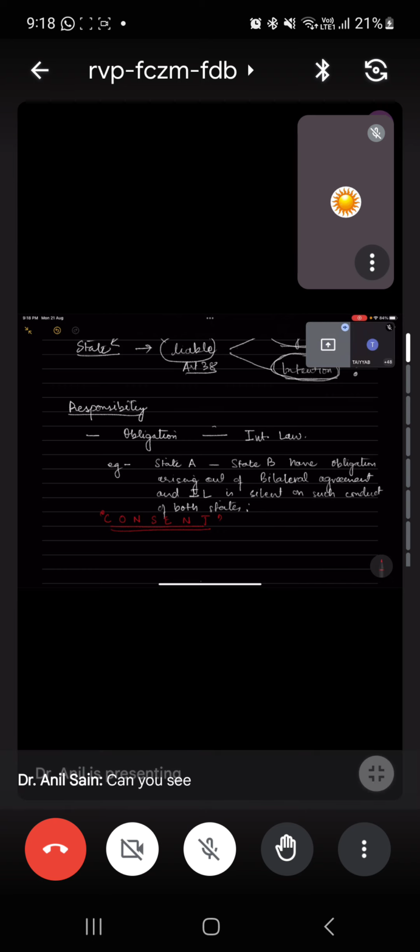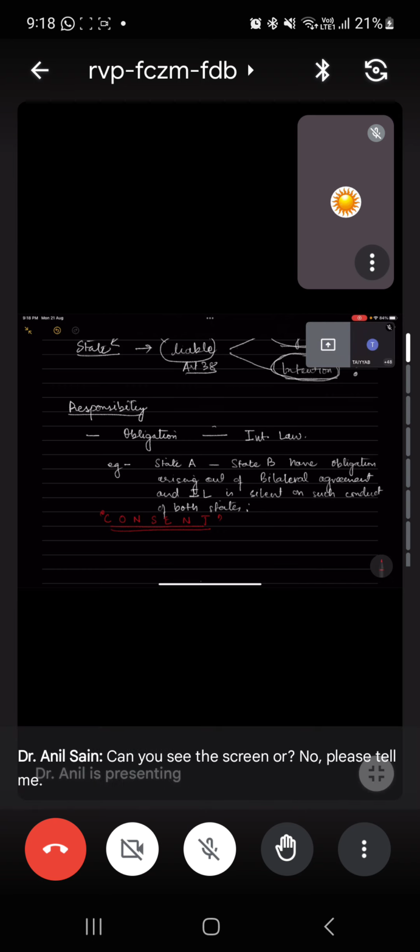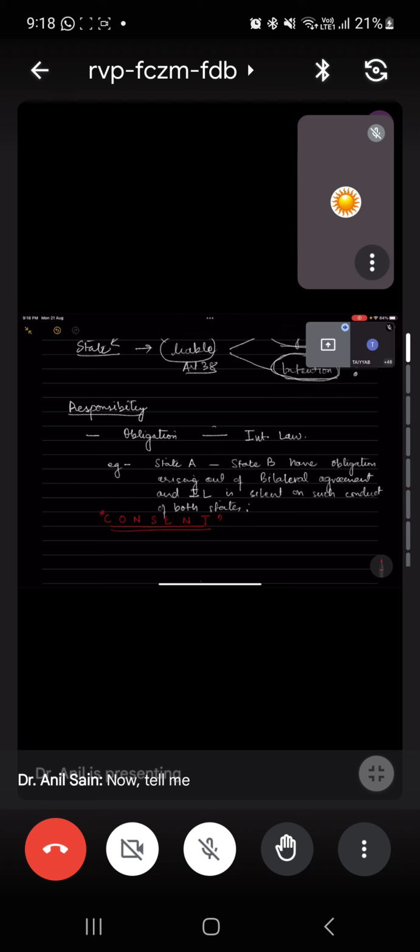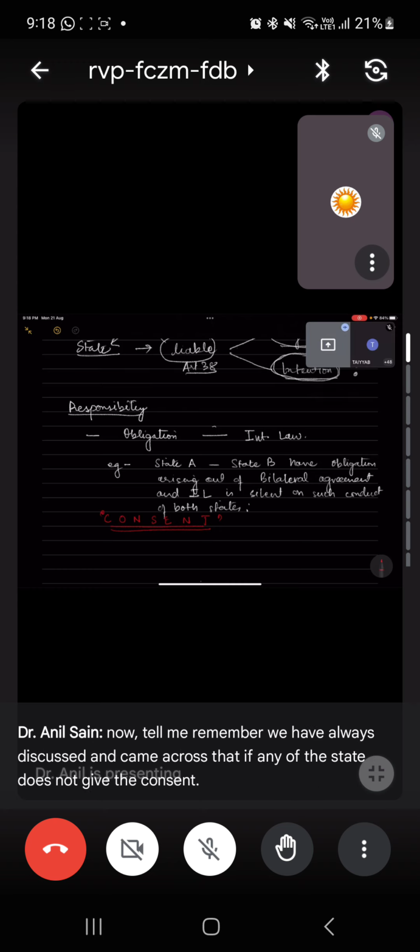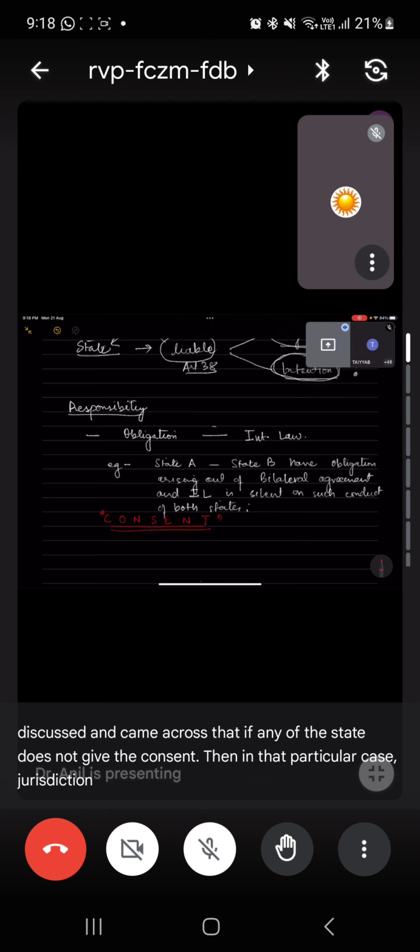Can you see the screen or not? Please tell me. Yes, sir, we can see it. Now tell me, remember we have always discussed and come across that if any of the states does not give consent, then in that particular case, the jurisdiction of another state cannot be imposed on other states, right?